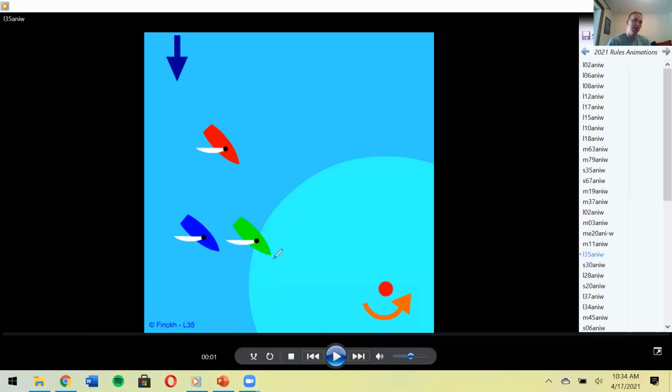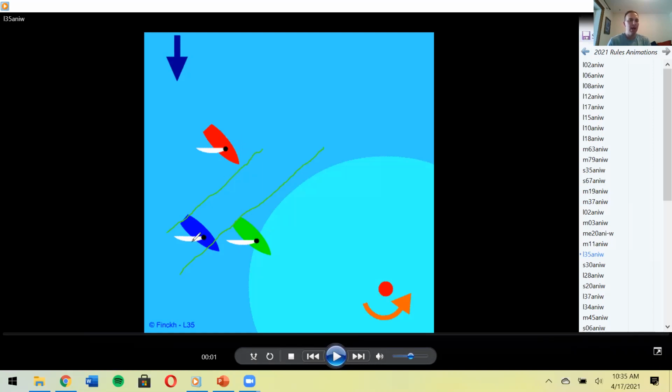So right now, green has hit the zone, the three boat length circle. And there's overlap between blue and green, and red is clear behind. So right now, green has right of way, has mark room over both red and blue.